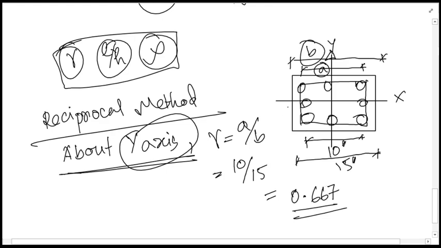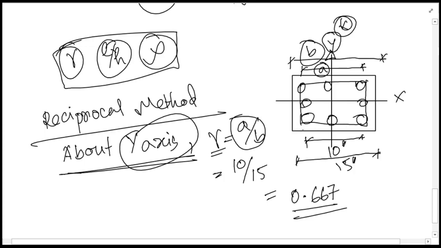Keep remembering, although we have said A by B, in your textbook you can see that whenever you are concerned with a particular axis, gamma will be the ratio of the distance with respect to this axis.